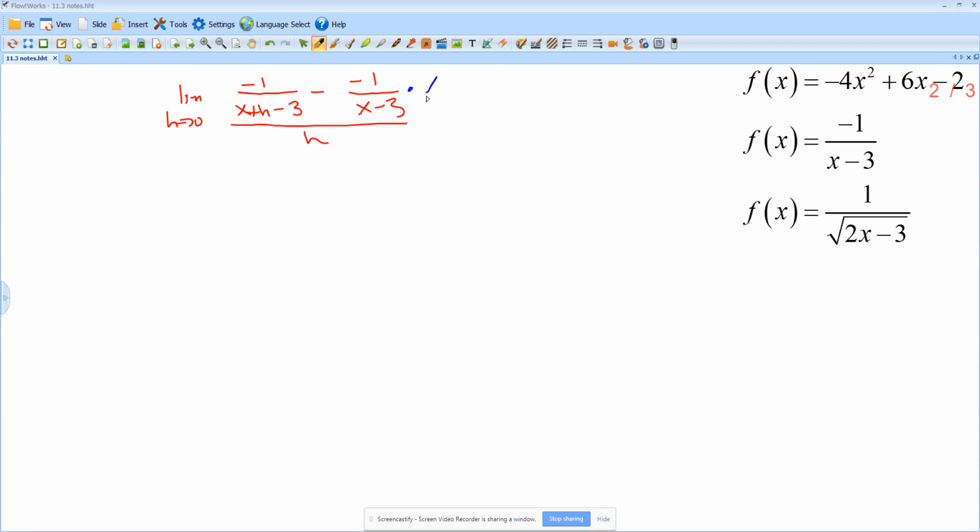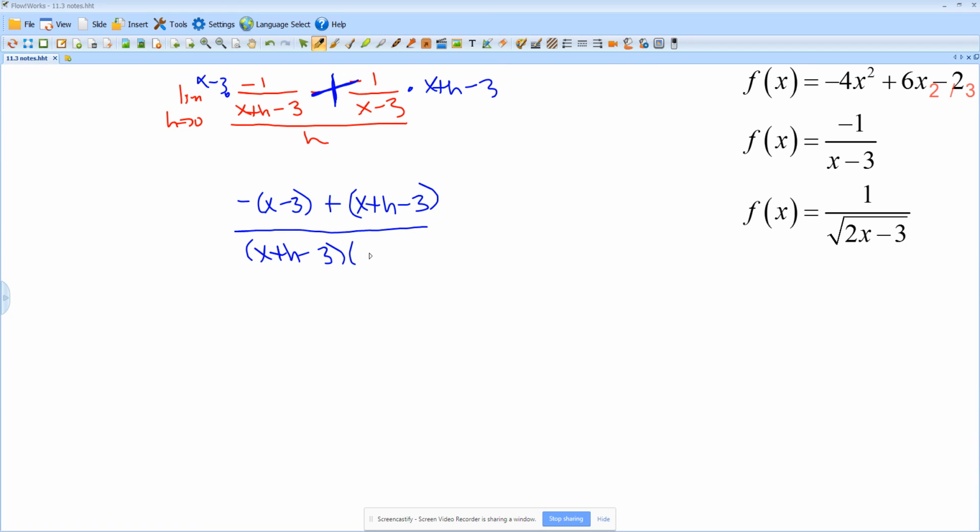So I'm going to multiply by x plus h minus 3, and I'm going to multiply by x minus 3. I'm also going to recognize that this minus negative would just become one big positive. So this will become -(x minus 3) plus (x plus h minus 3) over (x plus h minus 3) times (x minus 3).